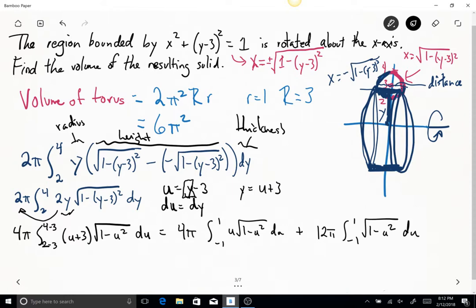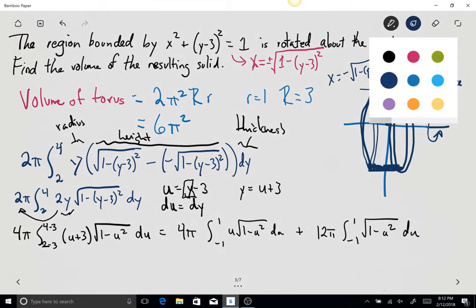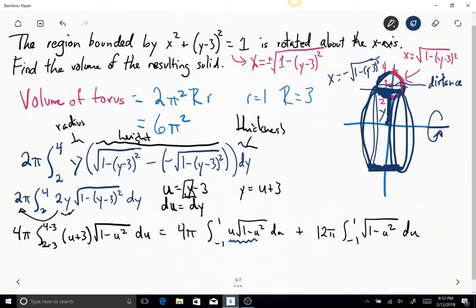Okay? So here's the trick to this in terms of how we can handle this. It goes back to even and odd functions. This function right here, if you notice, that is an odd function, meaning f of negative u equals negative f of u. And there's a result.